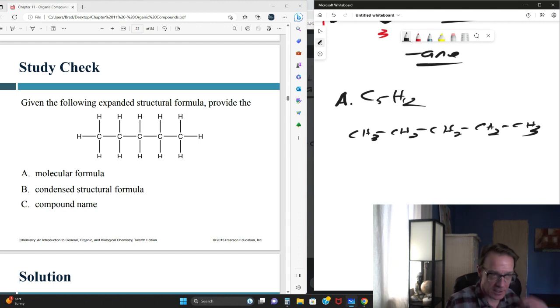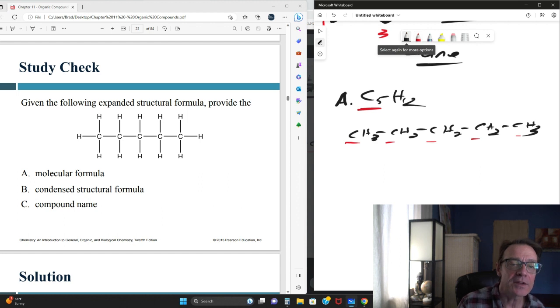Now, here's the tricky part. Could anyone, after all of my instruction, do you already know what the name of this compound is? So I will tell you. What we need to start with is the number of carbons. There are 5.